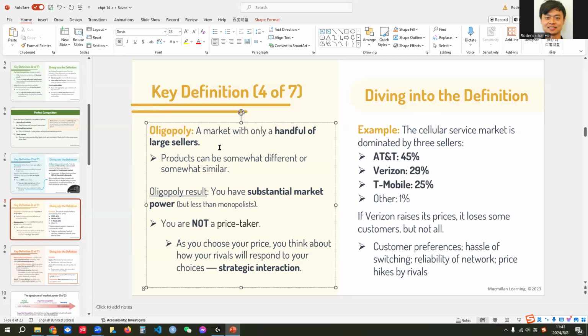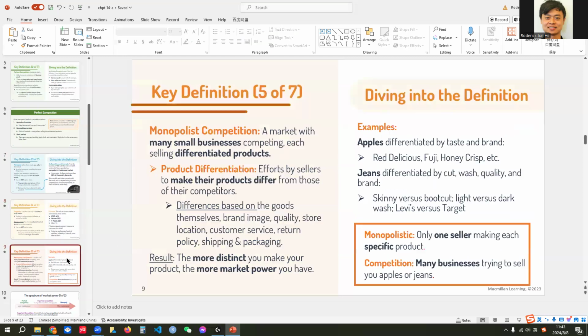If you still have interest, I encourage you to take my managerial economics, in which I will talk in greater detail about the collaboration that is taking place in oligopoly. So that is something. The first intermediate status. The second one is monopolistic competition, in which many relatively smaller businesses are competing, each selling differentiated products.